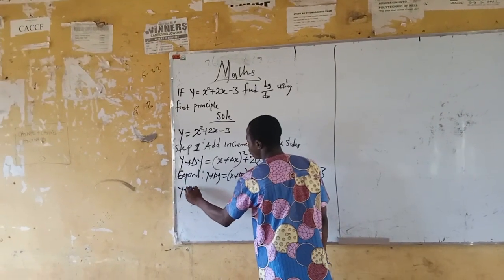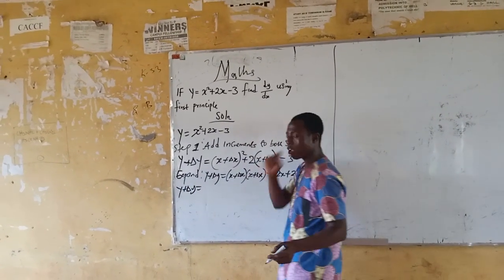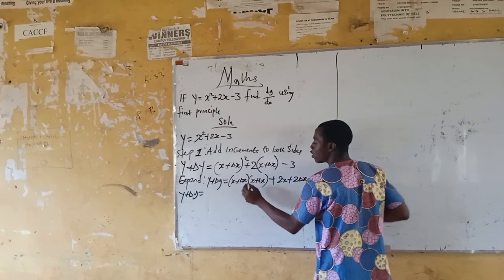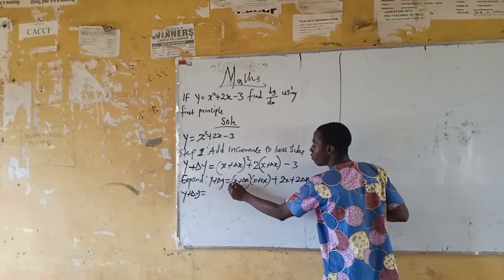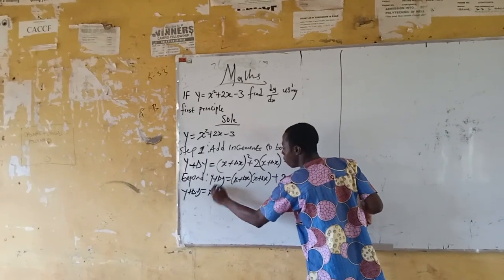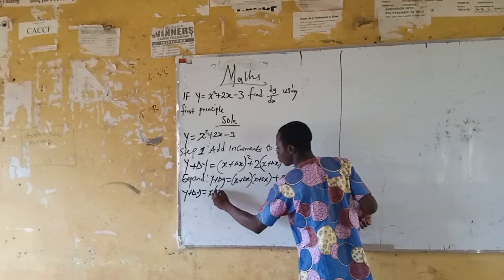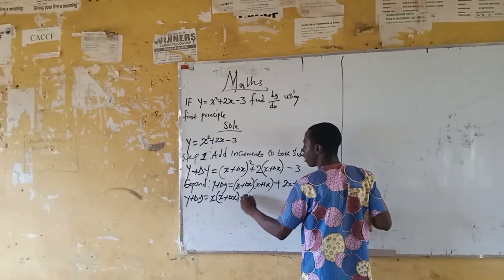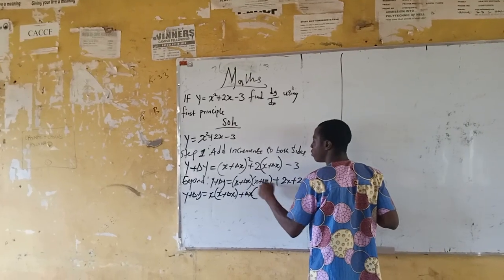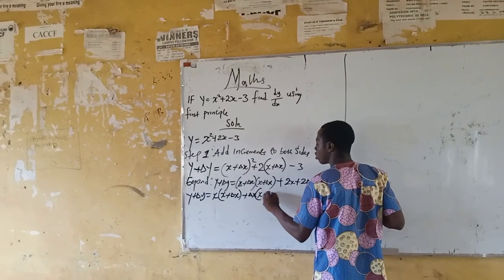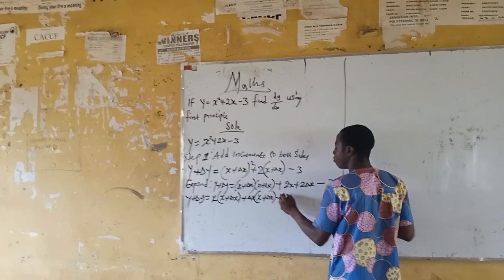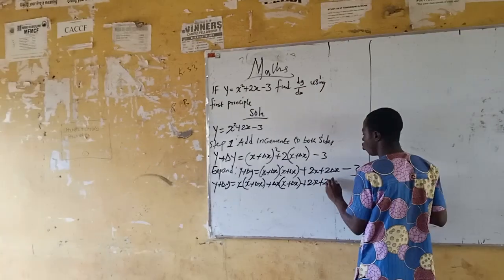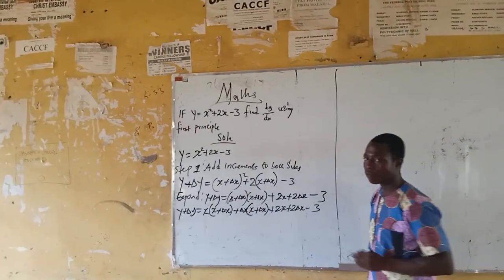For y plus δy, if you are going to expand, pick the first x, multiply by everything in the second bracket: x plus δx. Pick the second number, δx, multiply by everything in the second bracket, x plus δx. Then write everything back, 2x plus 2δx minus 3.